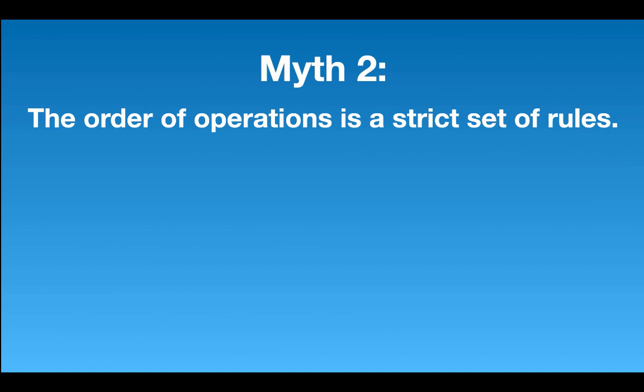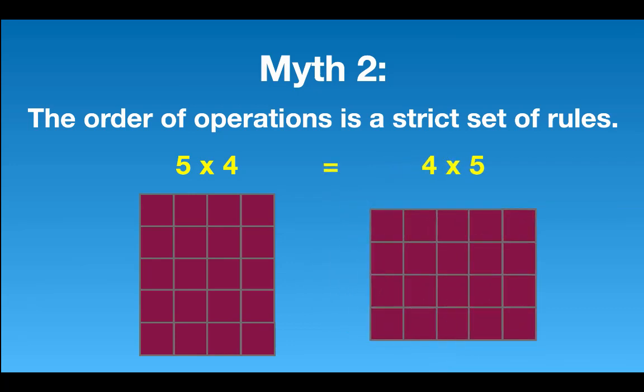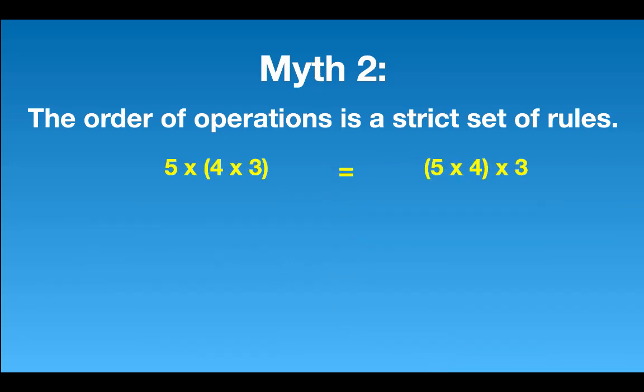Teaching the order of operations as a strict set of rules is mathematically confusing, since the properties of operations tell us that we can, at least sometimes, rearrange numbers using the commutative properties of multiplication and addition. We can sometimes group numbers differently using the associative properties of multiplication and addition.